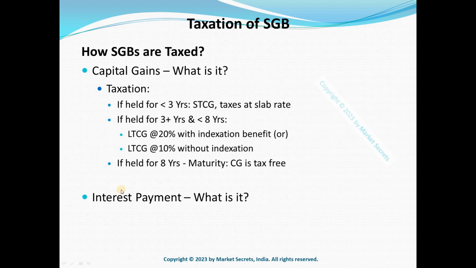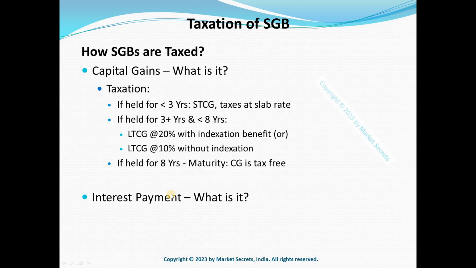Now the second part, which is interest payment. For SGBs, whatever you're holding, you will get 2.5% as interest payment, provided directly into your account. If it's an older bond, it will be around 2.75%, and it's split into two, and you'll be paid every 6 months.